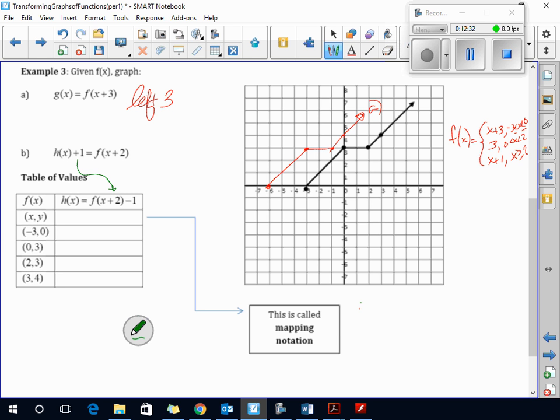Okay, so sometimes, and I'm calling this table of values very loose, sometimes we get quite complicated, and a table of values is nice to have. What we do is we do what's called mapping notation. So we have some arbitrary x and y. If we take some x and we go left 2, down 1, where would the x be now?